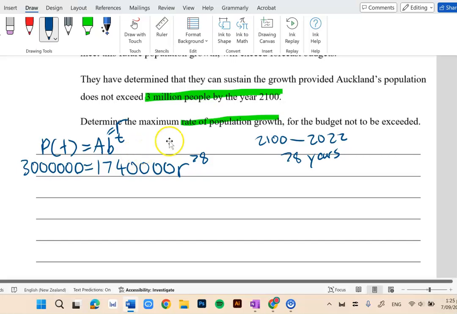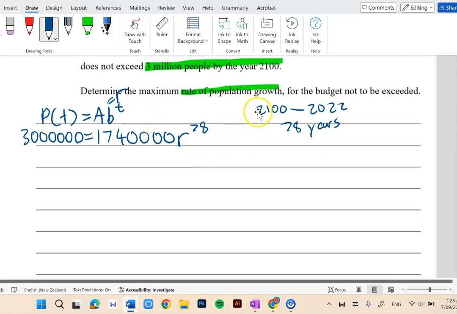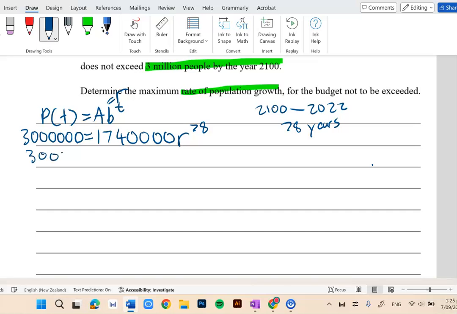Okay, now we have an equation that we can rearrange and solve. So the first thing I'm going to do is move this 1.7 million to the other side. So it's going to be 3 million divided by 1.7 million equals r to the power of 78.